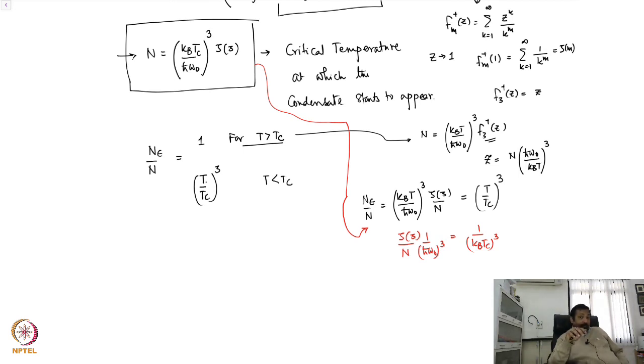So even though you are still in 3 dimensions, as we are seeing in this example, the exponent that comes in is clearly different. It is no longer 3 by 2, but 3, and that is solely the property of the density of states. You should keep that in mind.